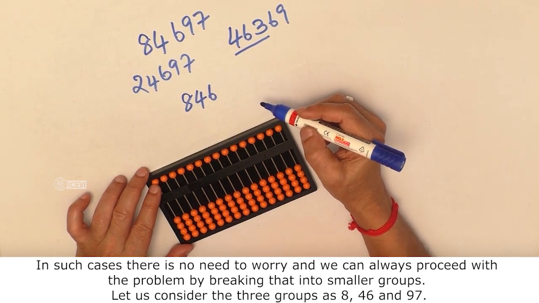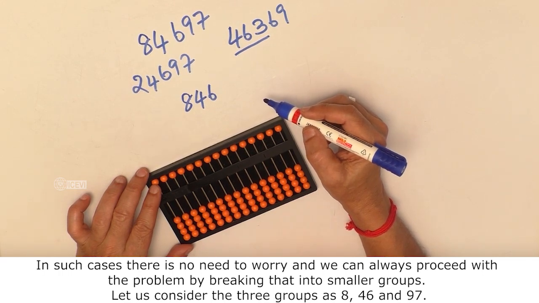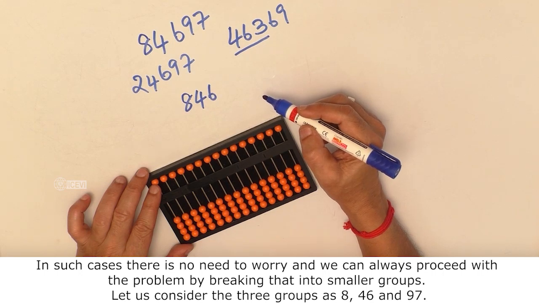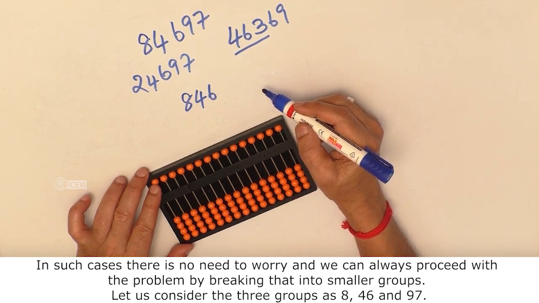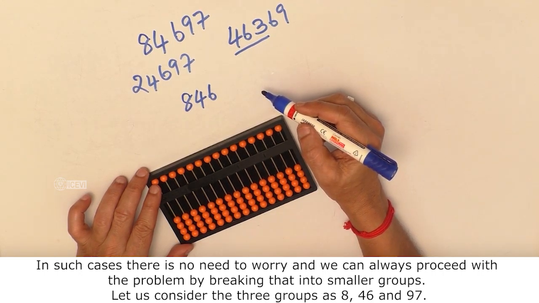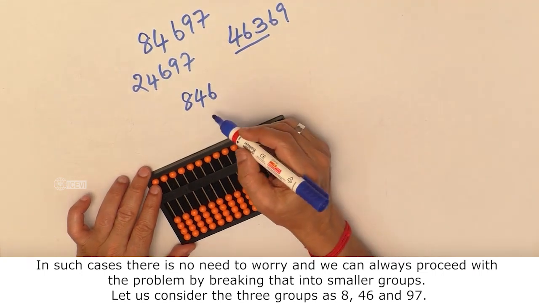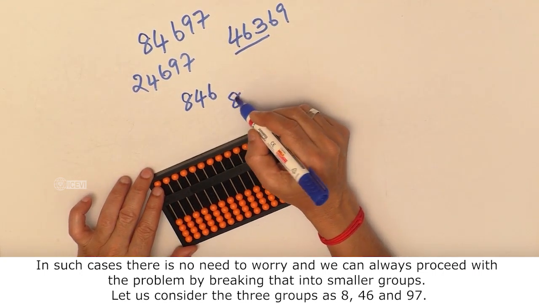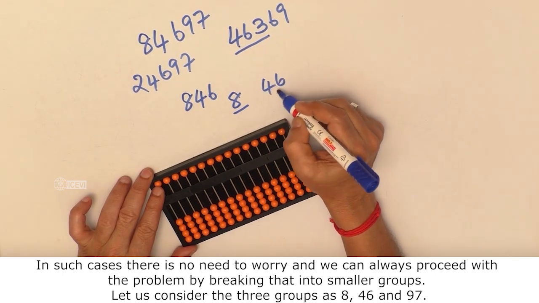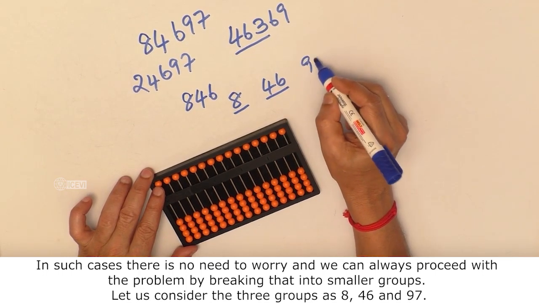In such cases, there is no need to worry and we can always proceed with the problem by breaking that into smaller groups. Let us consider the three groups as 8, 46 and 97.